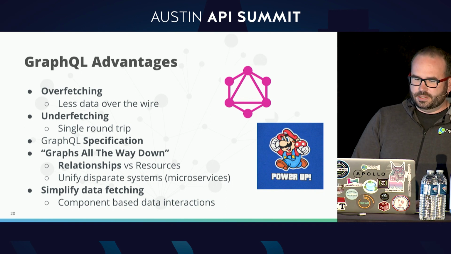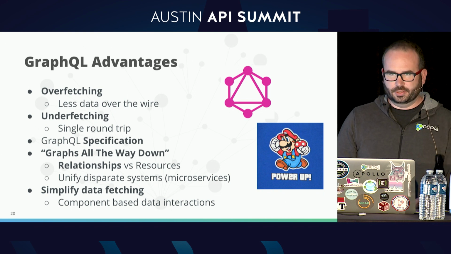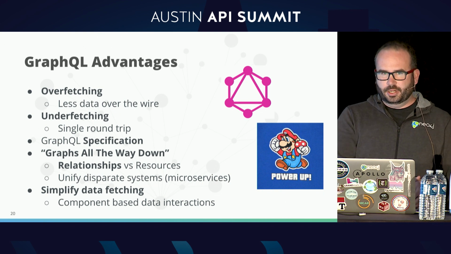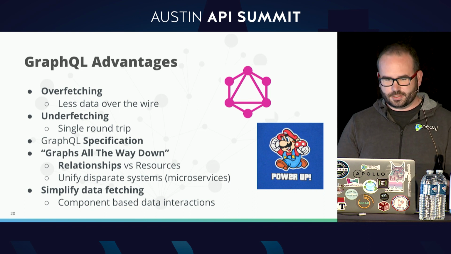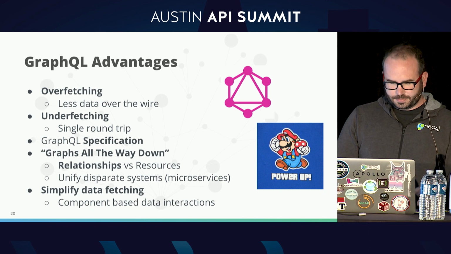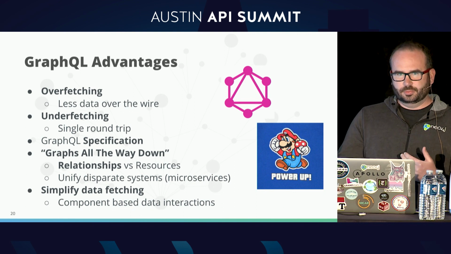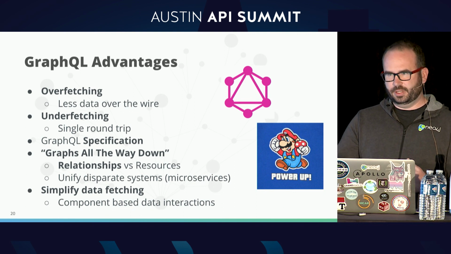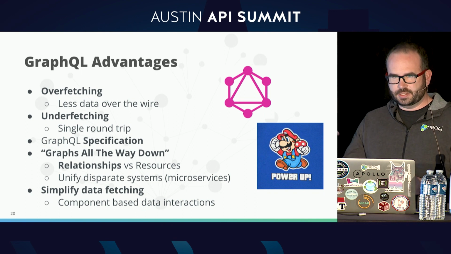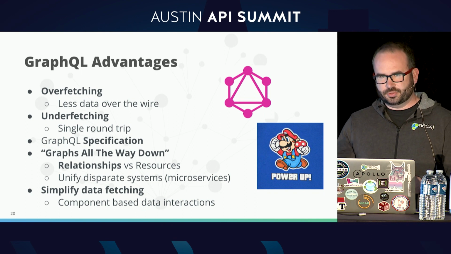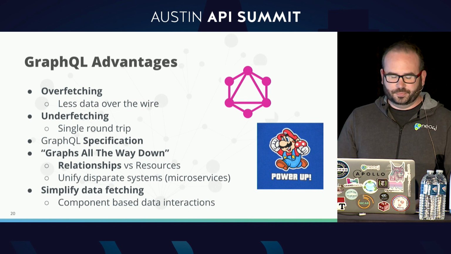The other is this problem of underfetching. So let's say that we're rendering our lists of blog posts and their authors, and we fetch our list of blog posts, but we don't have the author information to show alongside that. Well, then we need to make a request again to hydrate each one of our author objects to be able to show that in the view.